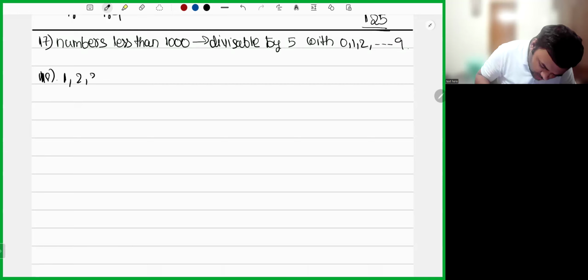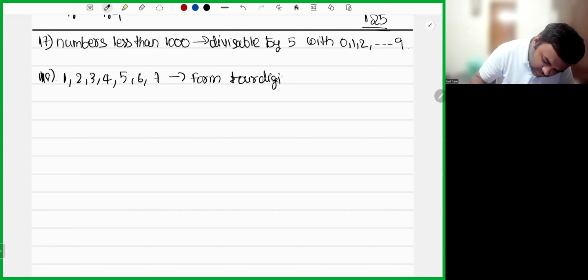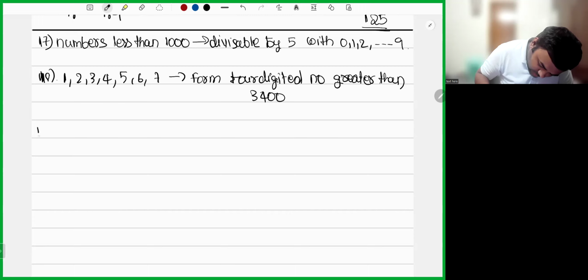Using 1, 2, 3, 4, 5, 6, 7, form 4-digit numbers greater than 3400. Next, 19th one. They are tricky questions, but please try them. Don't worry, I'll explain them.